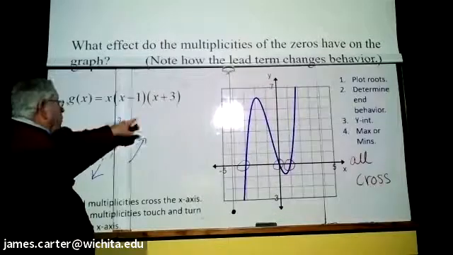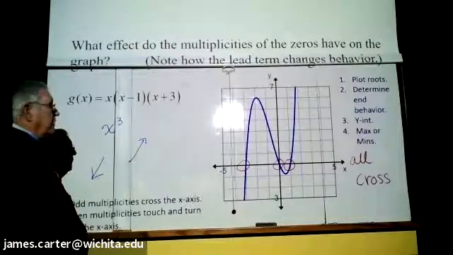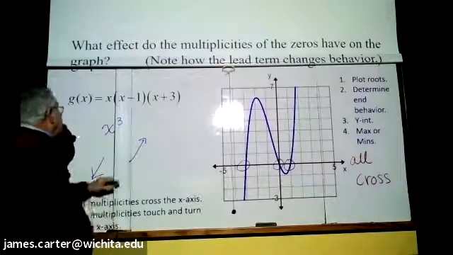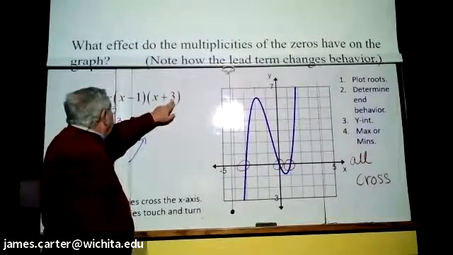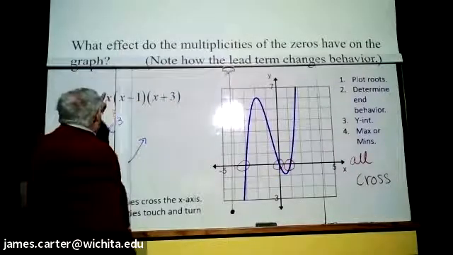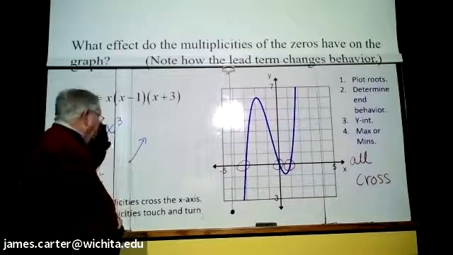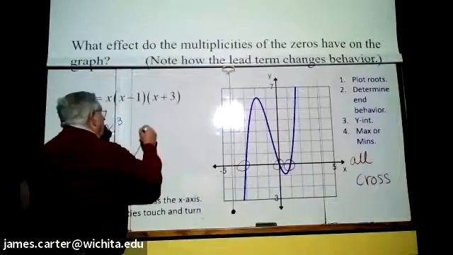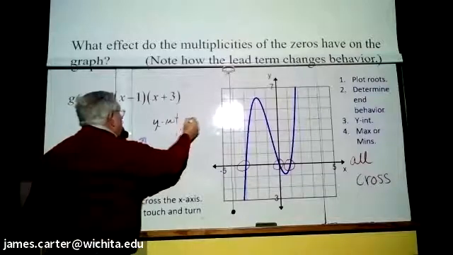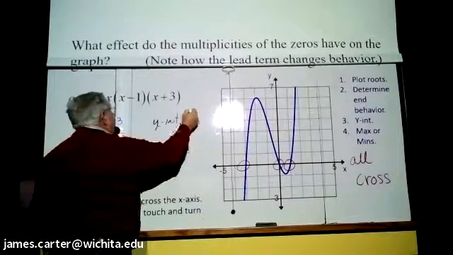Okay, you see x cubed is our leading term. And here's our end behaviors that we talk about. Well, we can find the y-intercept on this. 3 times -1 times a hidden 1. So the y-intercept then, okay, where do I get that?